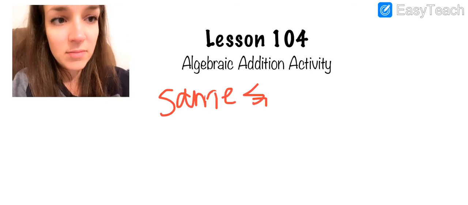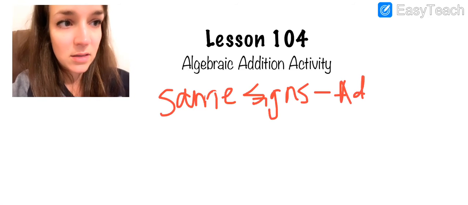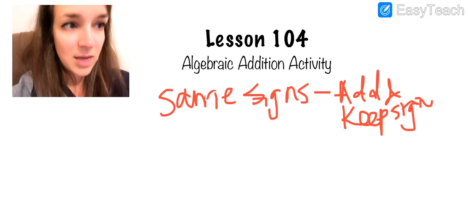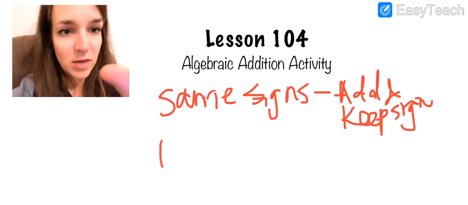Just to review, we talked about the rules. Hold on, let me get my pen open. So the rules are: same signs, you add and keep the sign. Okay, kind of sloppy. Sorry guys, deal with me here.